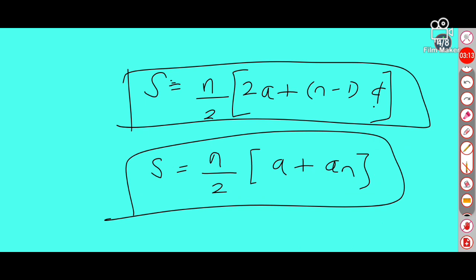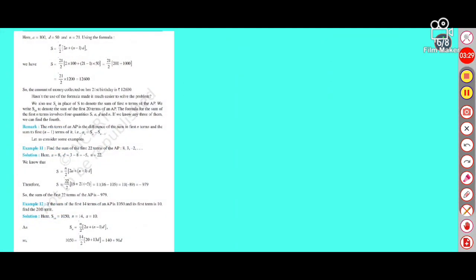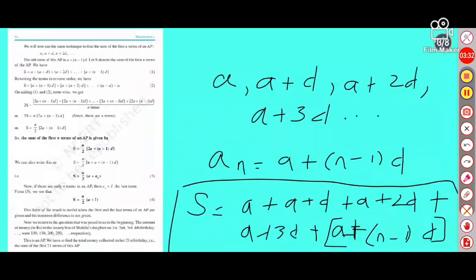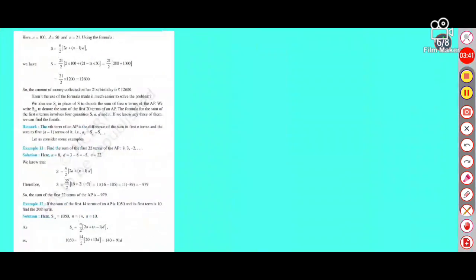So with this formula we can arrive at this one. Similarly, when the last term is given, it is a plus l, the last term l. These are the formulas for calculating the sum of first n terms of the given AP.